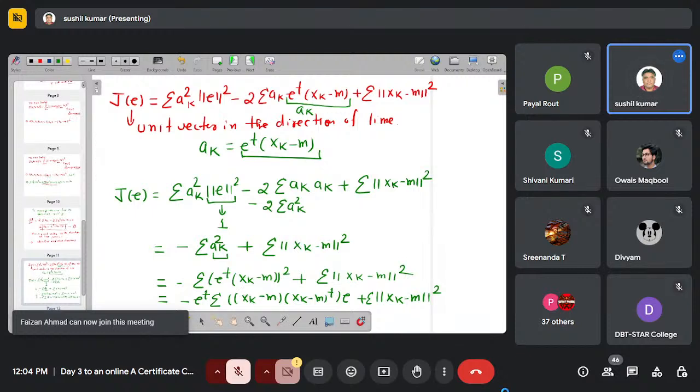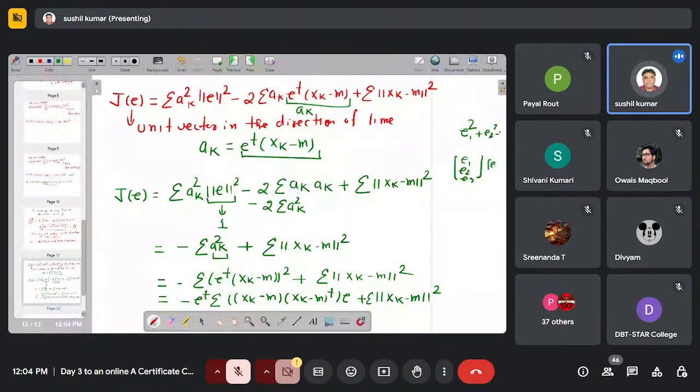What is the meaning? Suppose you have E square. You want to calculate E1 square plus E2 square plus E3 square. So you can write it like this: E1, E2, E3, and the transpose of this one: E1, E2, E3 in matrix form. Suppose you have mean square error like E1 square plus E2 square plus E3 square, and you have a matrix for all this.